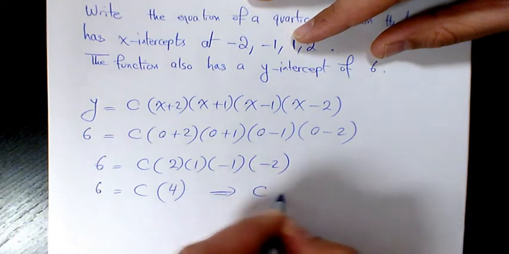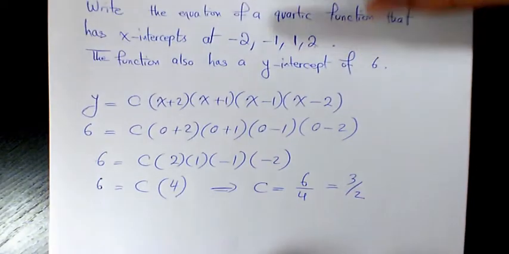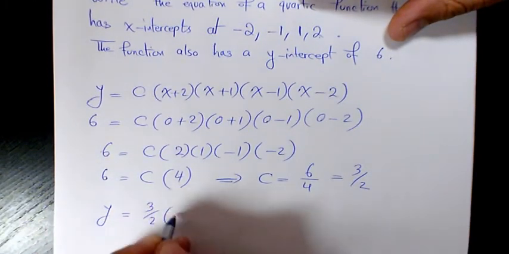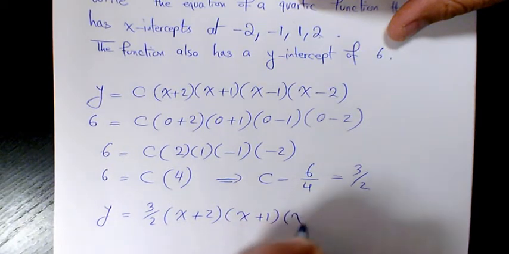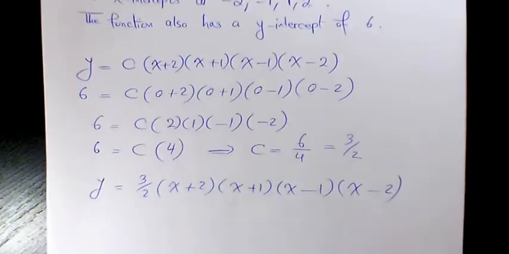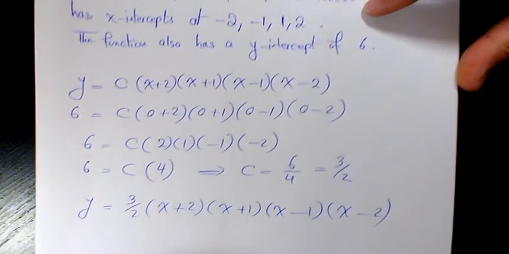So c will be 6 divided by 4, or 3 over 2. So y will be 3 over 2 times (x plus 2)(x plus 1)(x minus 1)(x minus 2). So that's the polynomial in factored form, and the leading coefficient is 3 over 2.